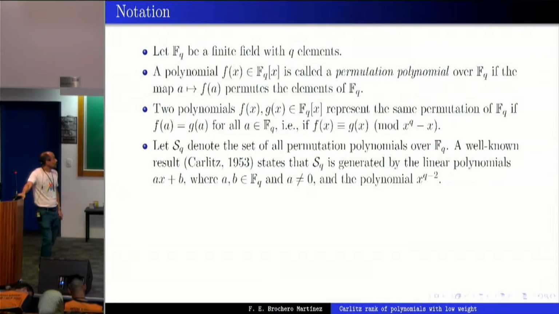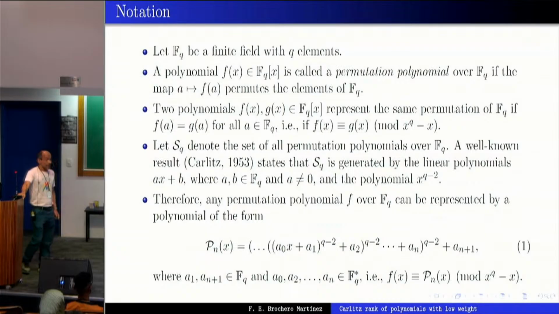x^q minus x. In general, we can construct a set of permutation polynomials, and in fact, that is a group. One result from Carlitz in 1953 says that this group can be generated by the linear polynomials and the polynomial x^(q-2).